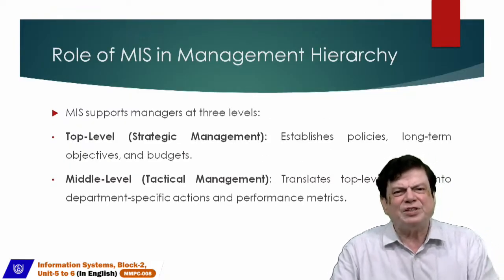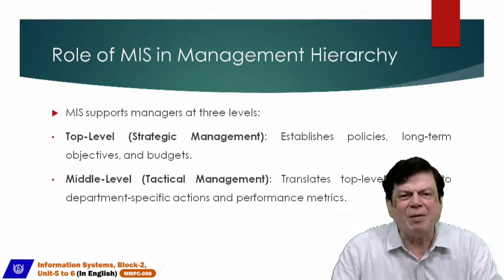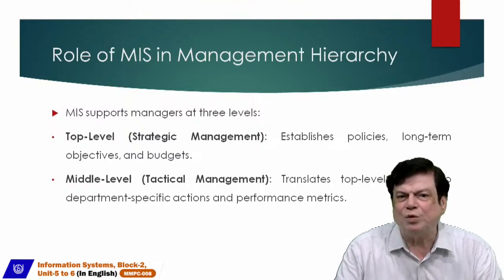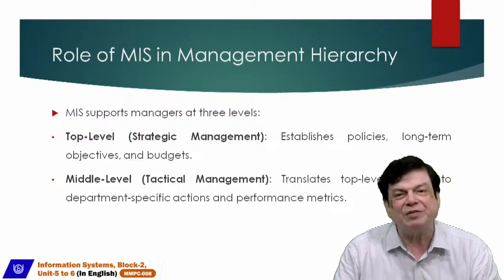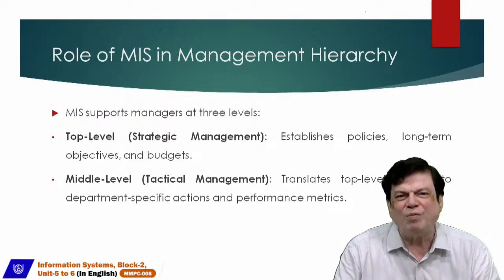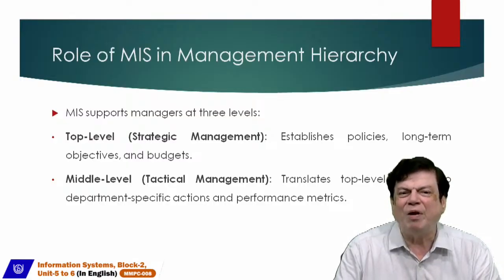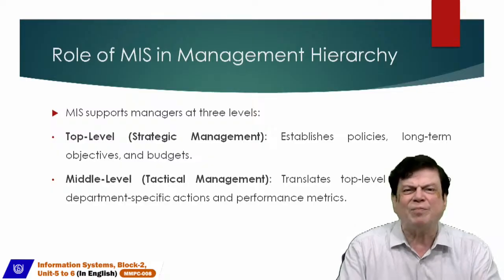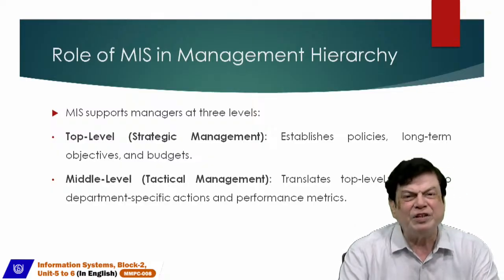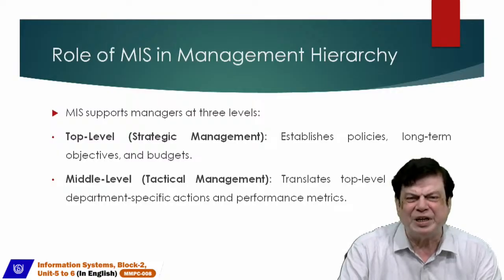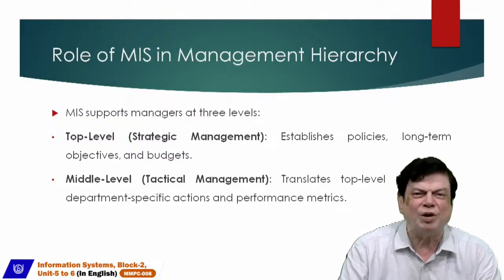Management information system supports managers of three levels. Top level, strategic management, establishes policies, long-term objectives and budgets. Say, for example, the CEO of a bank. Then middle level, tactical management. Suppose the bank is in 15 states. So they have made state heads, they have made zonal heads.